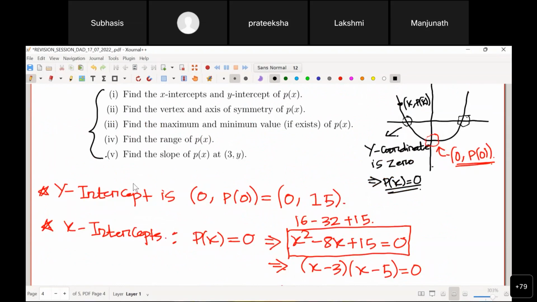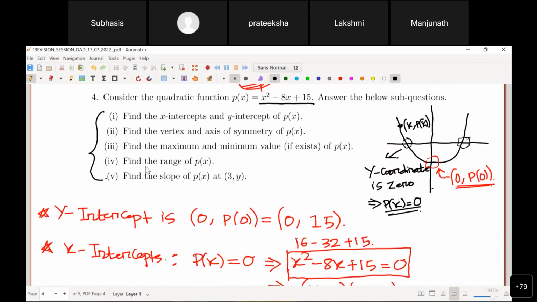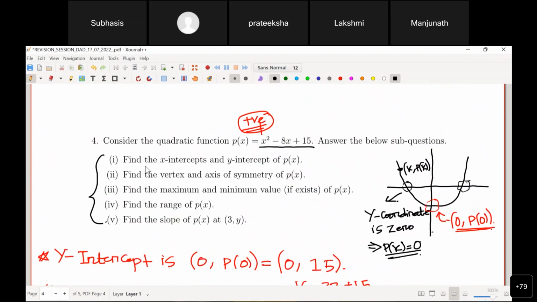Okay, so the next thing is what is the maximum or minimum value, if it exists. So what is the maximum and minimum value of the parabola? Does this parabola have a minimum value? Yes. Does the parabola have a maximum value? No, it's infinite. Correct.